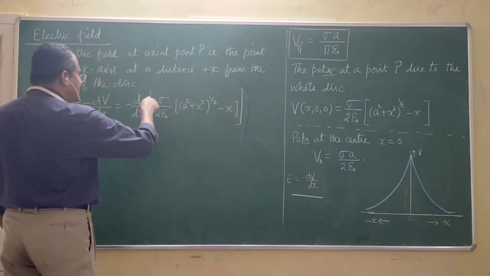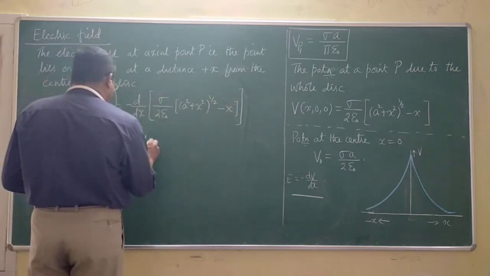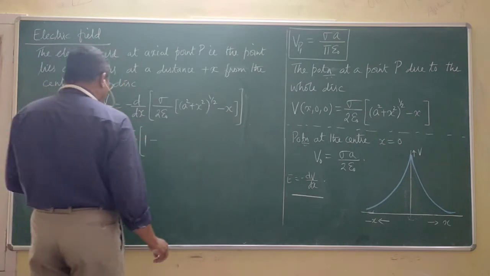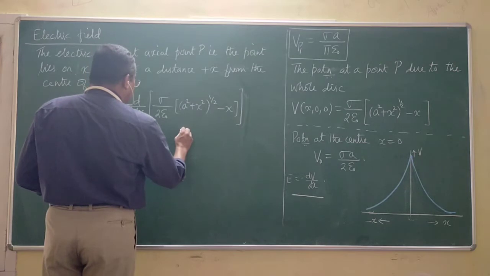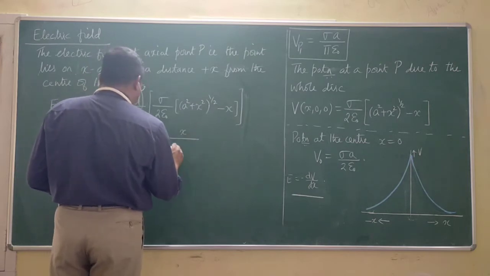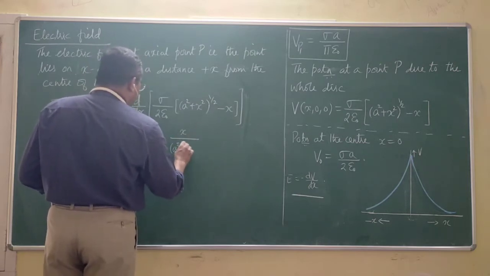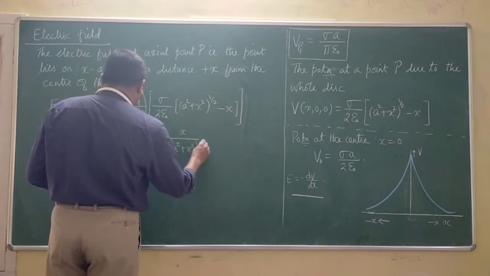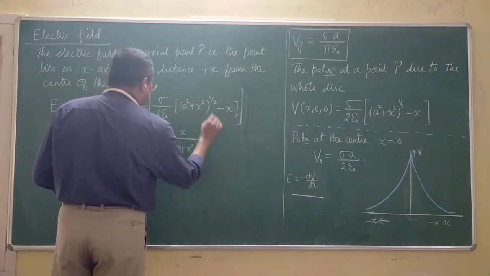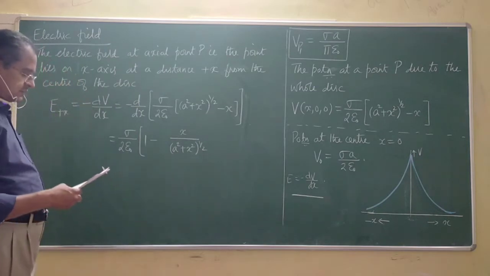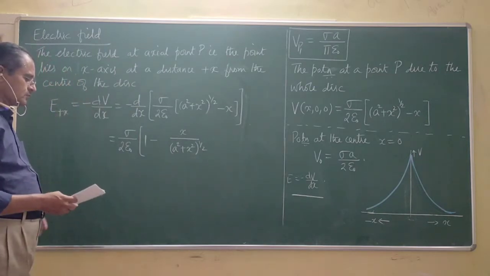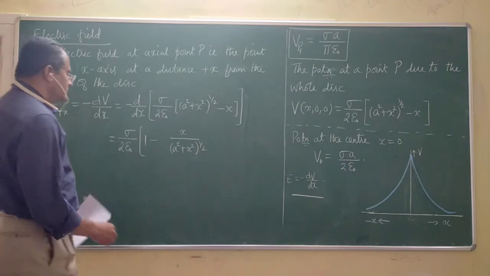If I differentiate dx by dx, 1 minus, if you differentiate this, x by a squared plus x squared whole power half. Okay? Is that okay to you?